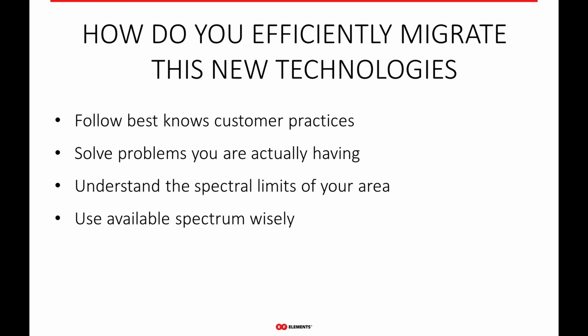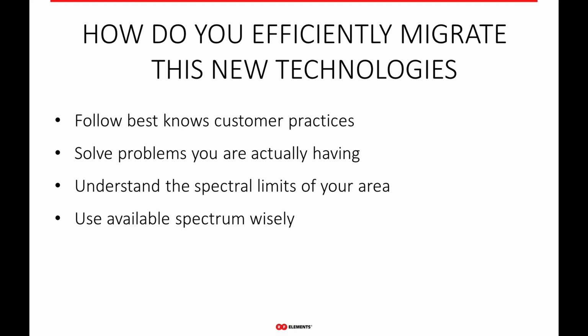So what we'll do is go through some basic practices to help you efficiently migrate to this new technology. We'll follow some best known customer practices, right? This is basically the feedback and know-how from the field, from users of horn antennas. We'll go through the best known practices that customers have used to successfully migrate horn antennas into your infrastructure.